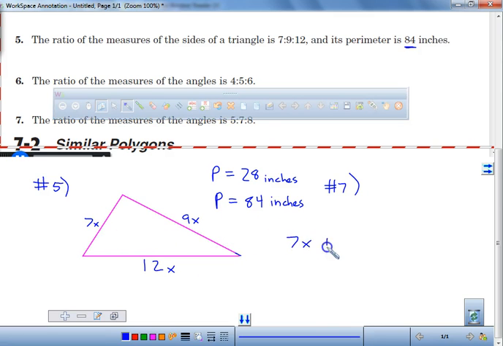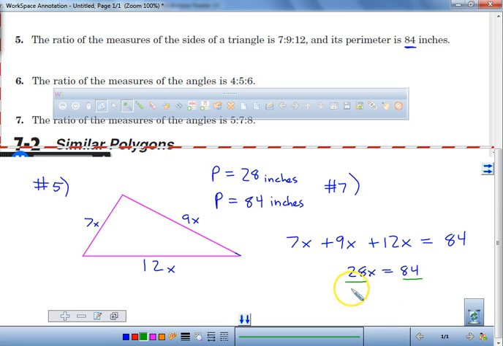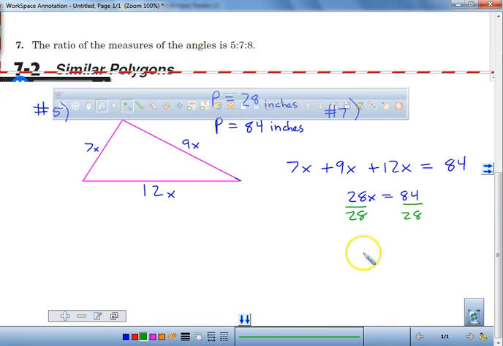We have 7x plus 9x plus 12x, and we want it to equal 84. So we add all these up: 16 plus 12x, that's 28x, equals 84. And then we're going to divide both sides by 28.